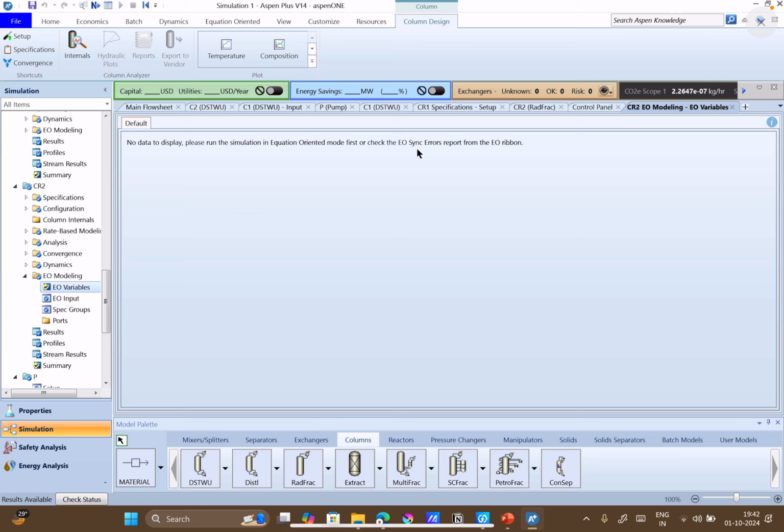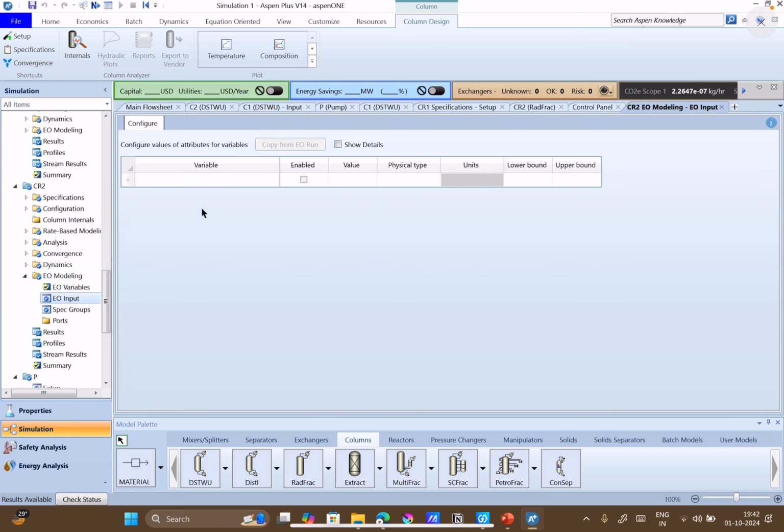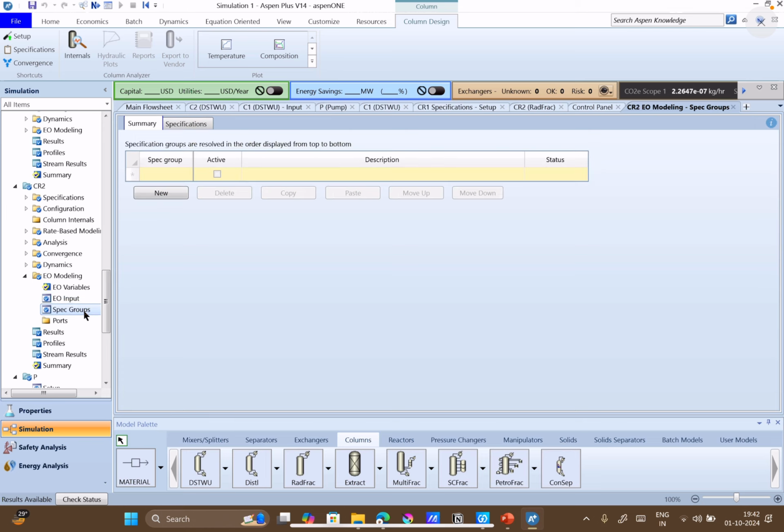It's an equation oriented model. So rather than using Aspen Plus equation data, if you want to use your own data, configure the value of attribute for variables, specification group.